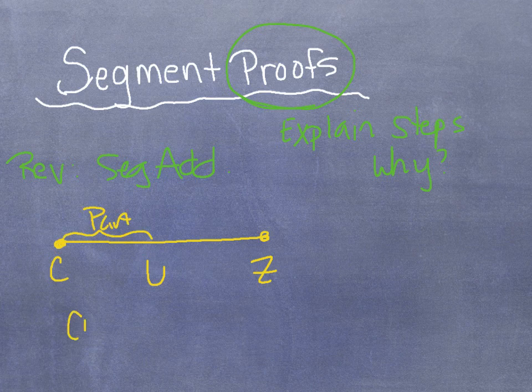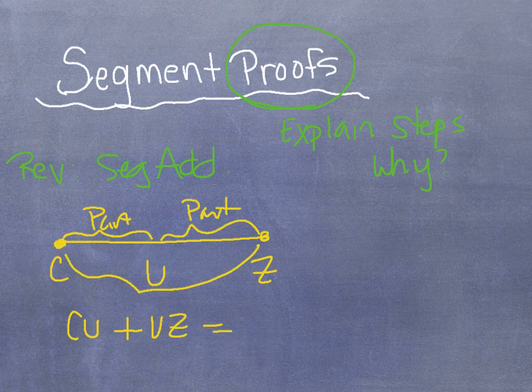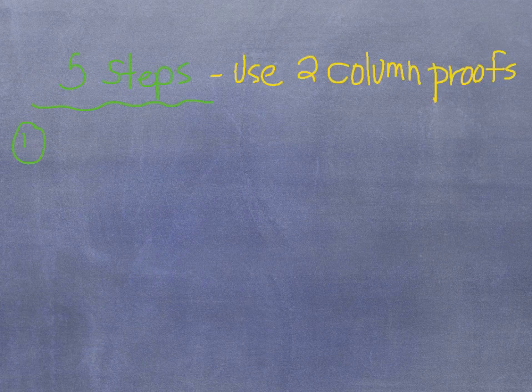So I would write CU plus the other part, which is UZ, equals the whole, which is CZ. So part plus part equals whole. We need to know how to do that in order to do the segment proofs, and then you'll be okay. Okay, so let's get started.